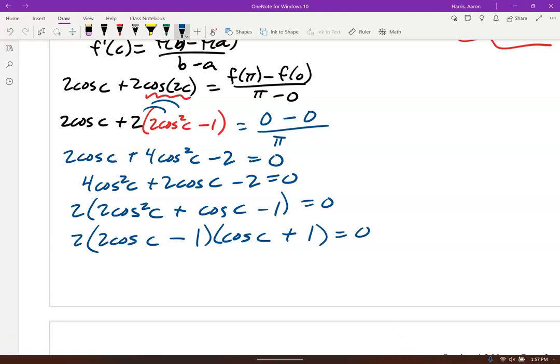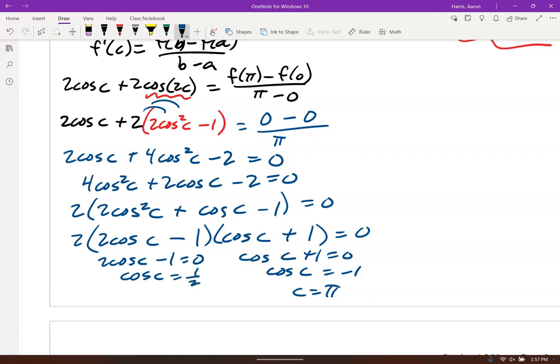Now I have my factors. 2 cosine c minus 1 equals 0. Cosine c plus 1 equals 0. Cosine of what is negative 1? I know the cosine of pi is negative 1. Add 1, divide by 2. Cosine of what is a half?